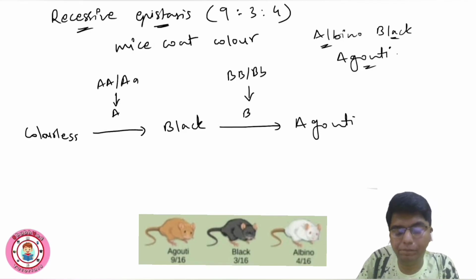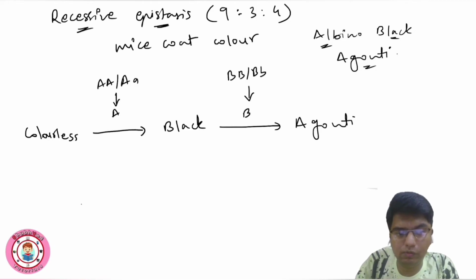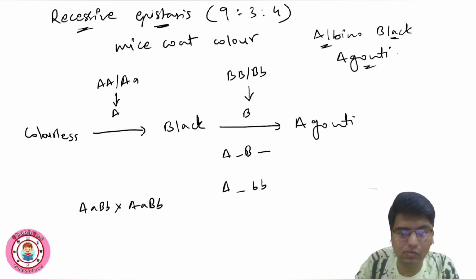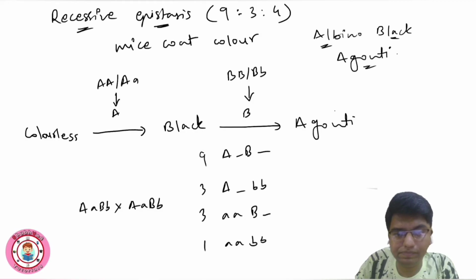So after the cross, what will happen? We know A dash B dash, then A dash small b, small a B dash, small a small b. This is 9, this is 3, this is 3, this is 1. A, B both dominant gives agouti color, which is dominant.